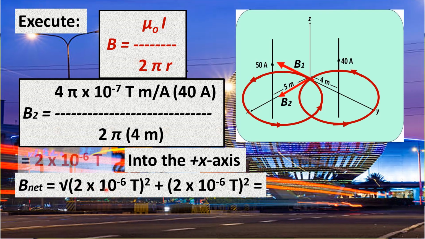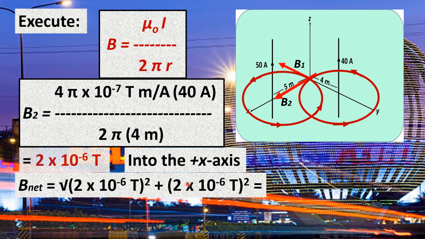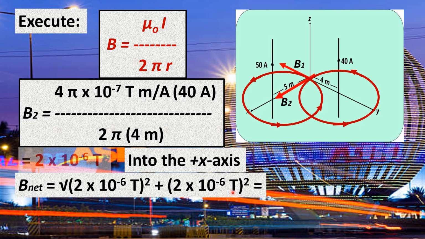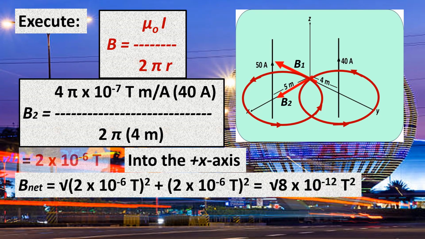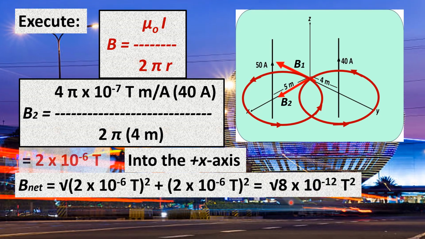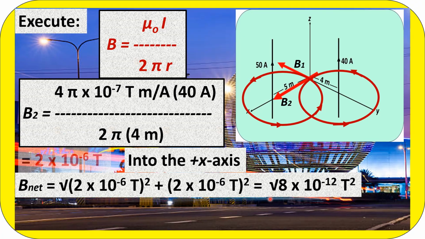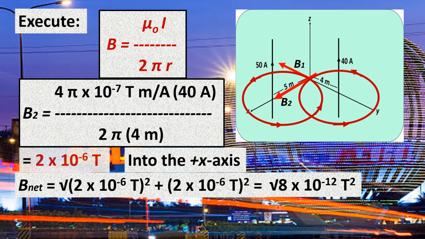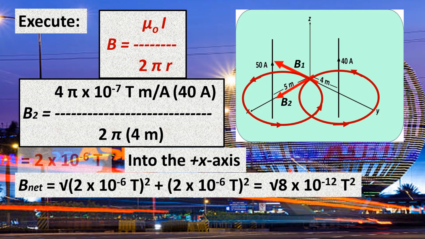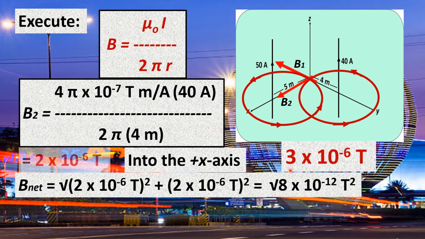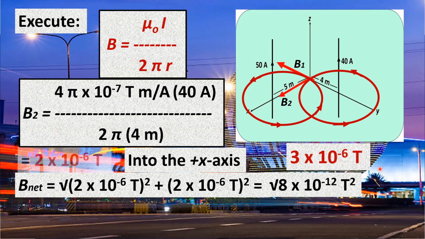For B1, 2 times 10 to the negative 6 Tesla, that will be squared, plus B2, which is also 2 times 10 to the negative 6 Tesla, to be squared. And we can simplify it to square root of 8 times 10 to the negative 12 power Tesla squared. So using your calculator, we will get the final magnitude of the net magnetic field equal to 3 times 10 to the negative 6 Tesla, expressed in one significant figure.